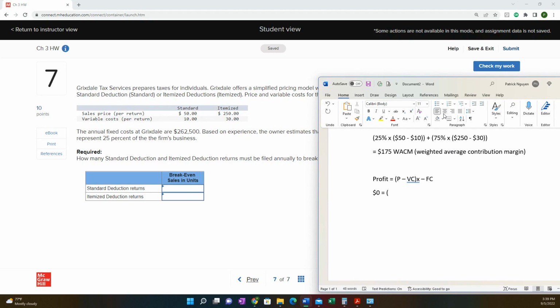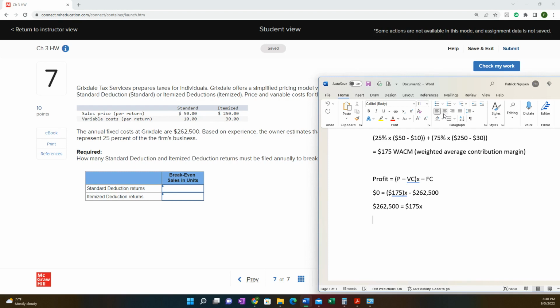We multiply that by the number of units that we need. We don't know that yet, but we do know that our fixed costs are 262,500, which was given to us in the fact pattern. So we move the 262,500 to the other side of the equal sign. Now we divide both sides by 175. We calculate that we need 1,500 returns to break even.